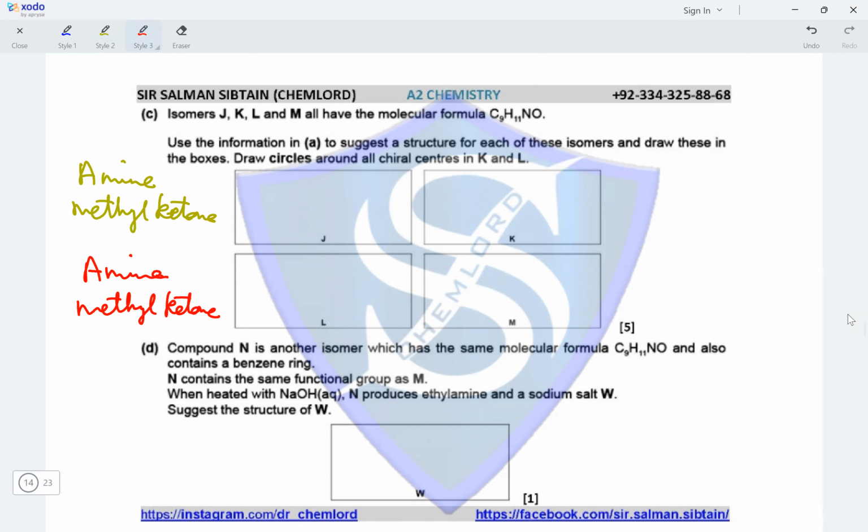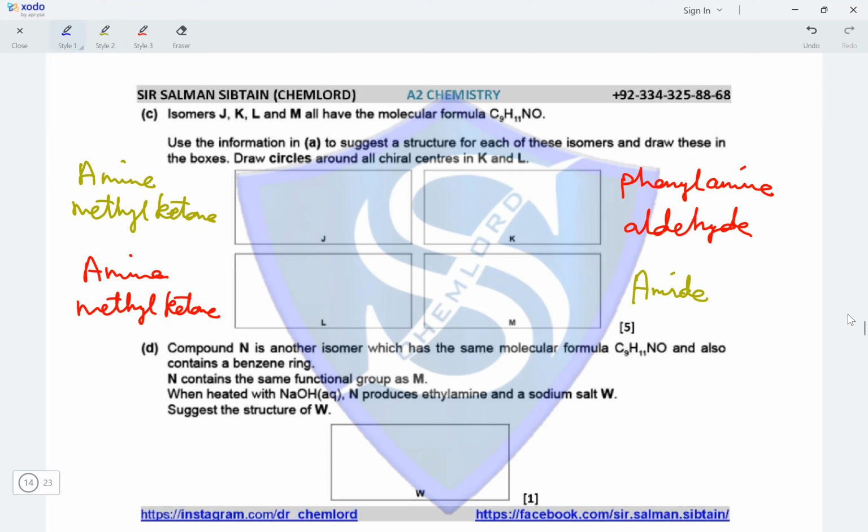In K, we've got a phenylamine group and an aldehyde. And in M, we just know that we have an amide group present. So these are the structures we need to make, and we also know that all of them contain the benzene ring.